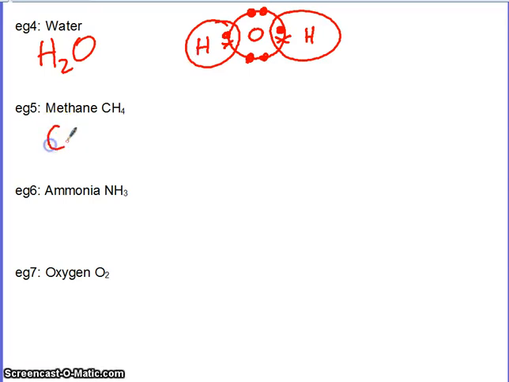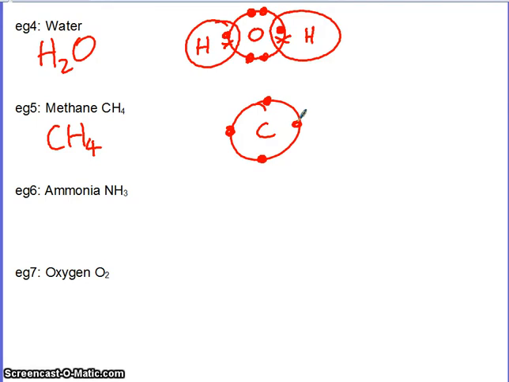Methane, CH4. We'll start with carbon. Carbon is in which group? Find carbon on the periodic table. It's in group 4. It tells you we've got 4 electrons in its outer shell. 1, 2, 3, 4. It's going to bond with hydrogen. We're telling you it bonds with 4 hydrogens.